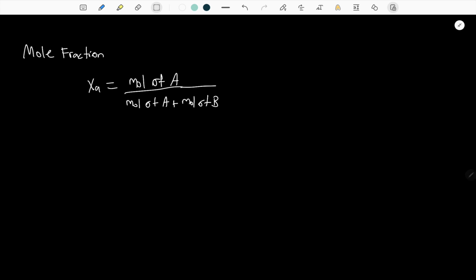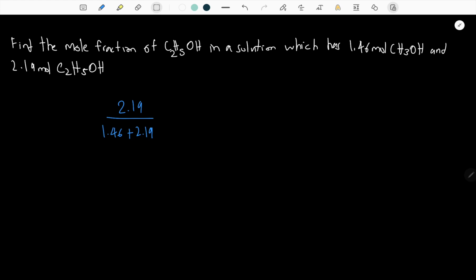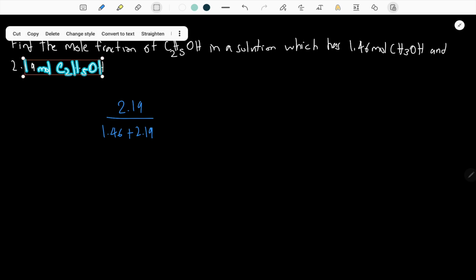The mole fraction formula is the moles of A over the moles of A plus moles of B. Let's look at an example, which will be easier to understand. Here they're asking you to find the mole fraction of C2H5OH in a solution which has 1.46 moles of CH3OH and 2.19 moles of this element, which we need to find the mole fraction of.